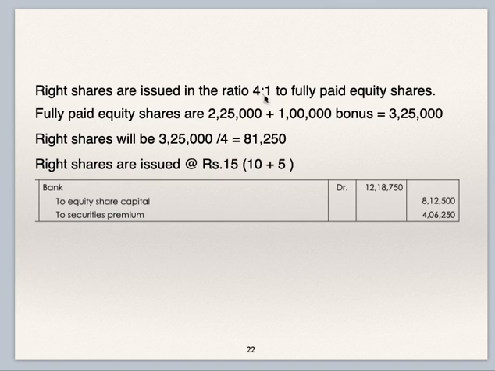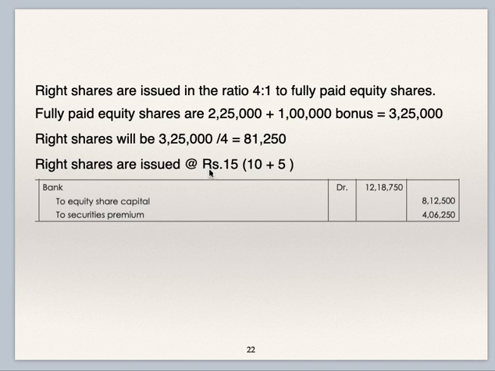Right shares are issued in the ratio of 4:1 to fully paid equity shares. Fully paid equity shares are 2,25,000 plus 1 lakh bonus given to them. So totally fully paid equity shares are 3,25,000. Right shares are in the ratio 4:1. So right shares will be 3,25,000 divided by 4, which is 81,250.